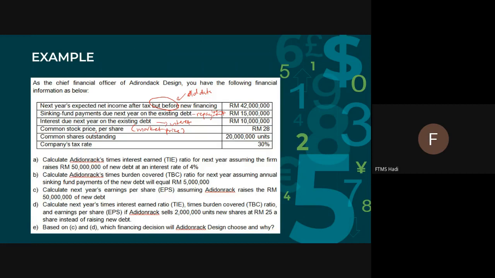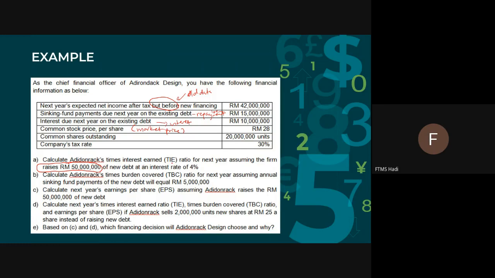Okay, so the first question is, calculate Adirondack's times interest earned ratio for next year, assuming the firm raises 50 million ringgit of new debt at an interest rate of 4%. What I'm saying here is, if they want to add more loans, they have the old ones, but they want to add new.